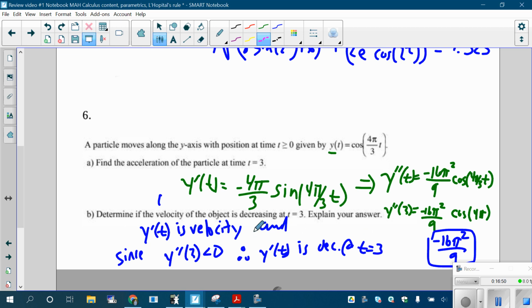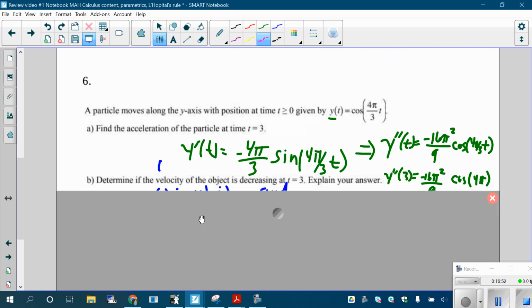Okay. Question B. Determine if the velocity is decreasing at time 3. Be careful here. Not if the velocity is negative at time 3, if the velocity is decreasing. In other words, if the derivative of velocity is negative at time 3. Velocity decreasing means derivative of velocity is negative. What's the derivative of velocity? Well, the derivative of velocity is acceleration.